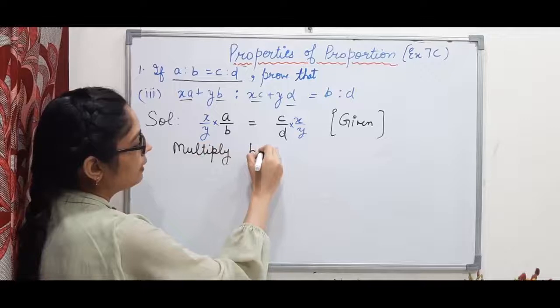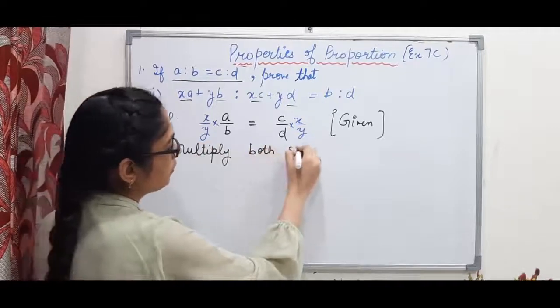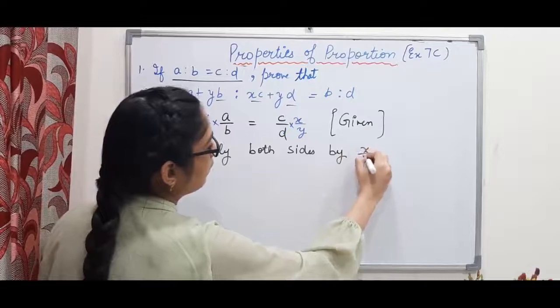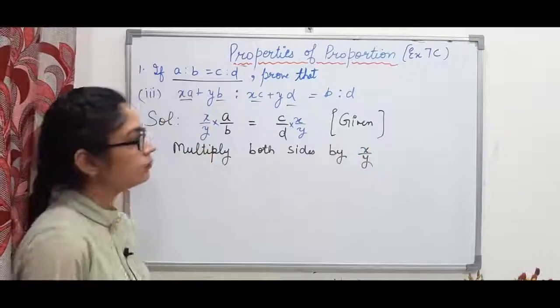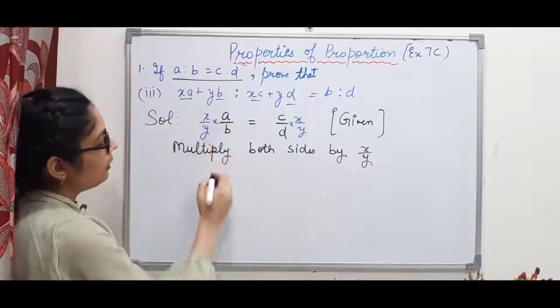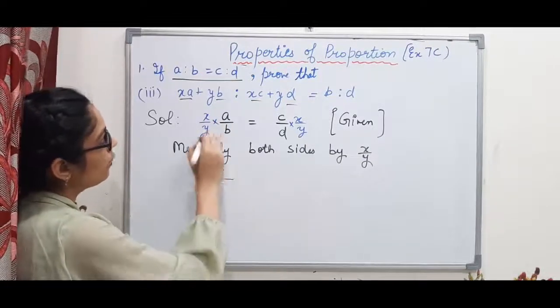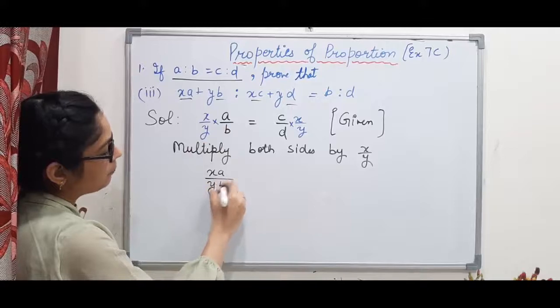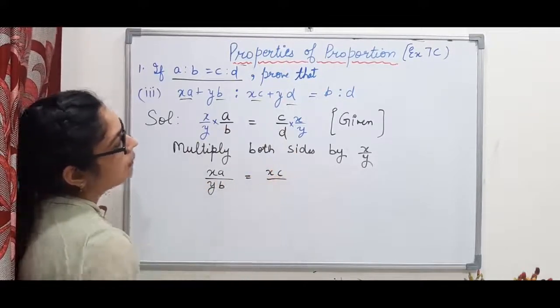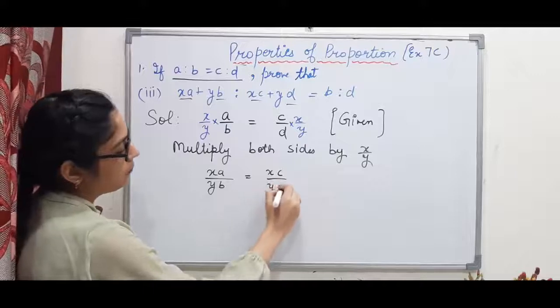Multiply both sides by x by y. So x into a is xa, y into b is yb, c into x is xc, d into y is yd.